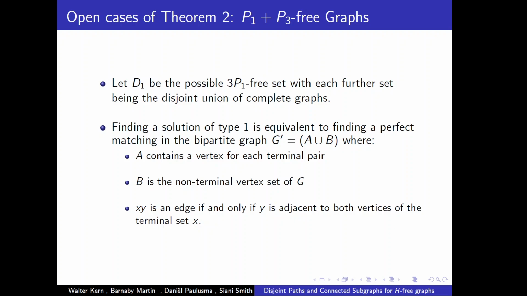Now finding a solution of type 1 is equivalent to finding a perfect matching in this bipartite graph we describe here. We let A be a part containing one vertex for each terminal pair, and B the set of non-terminal vertices of G, with an edge xy if and only if the vertex y is adjacent to both vertices in the terminal pair x.